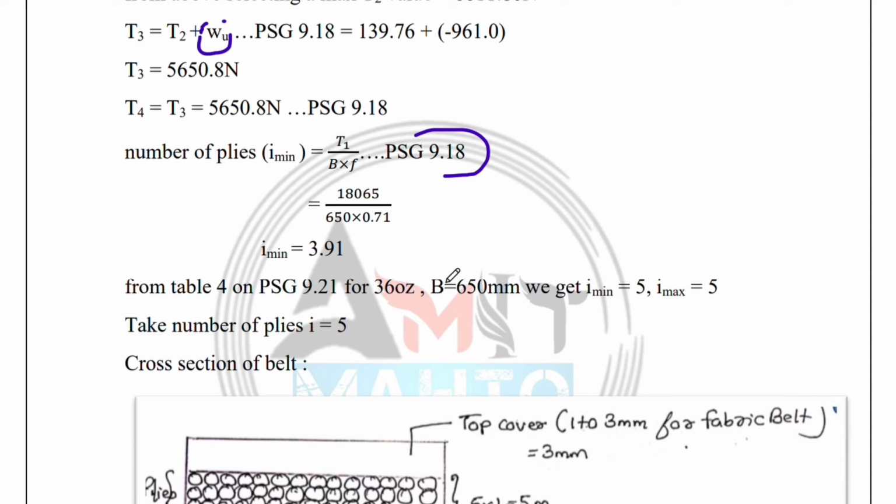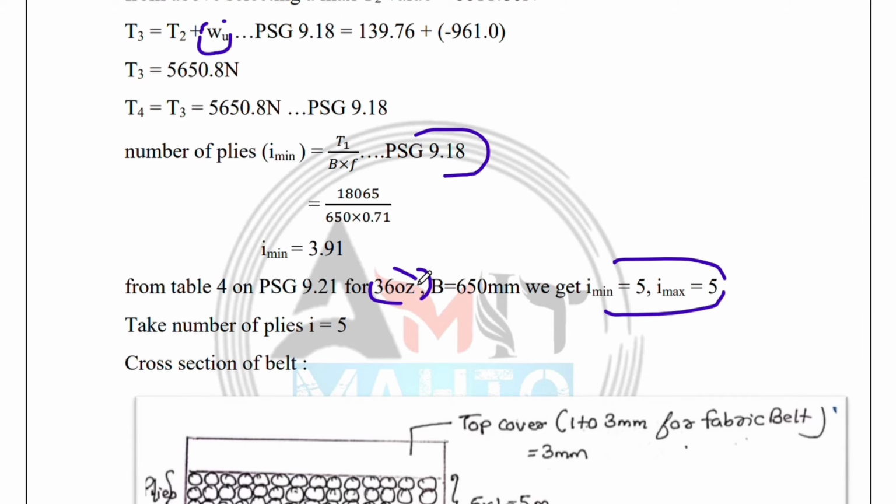From table 4 on PSG 9.21, for 36 OZ, the width will be 650. We get I minimum and maximum 55 value, as we selected this 36 OZ.